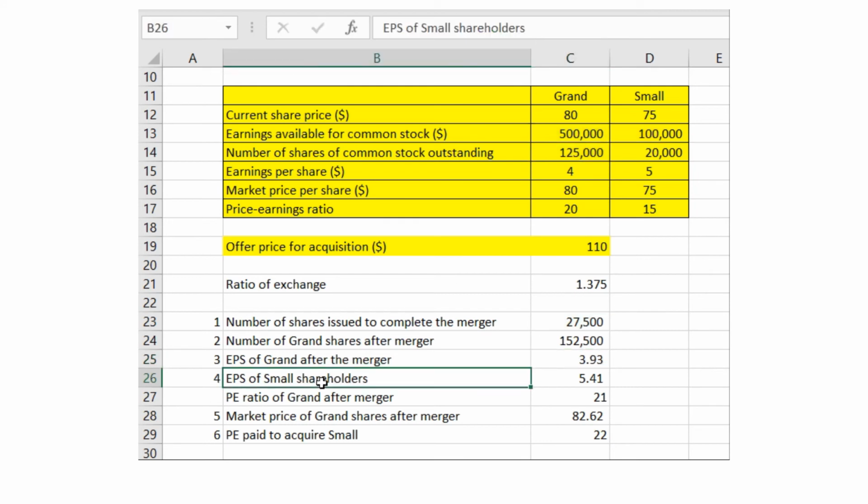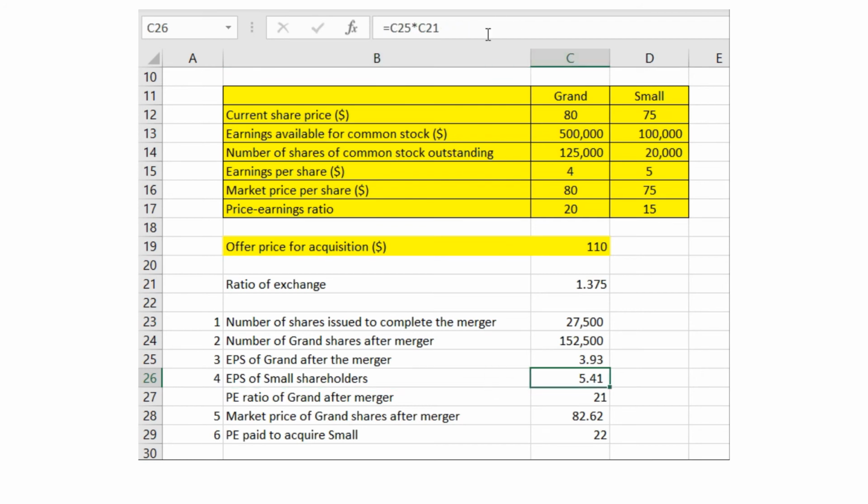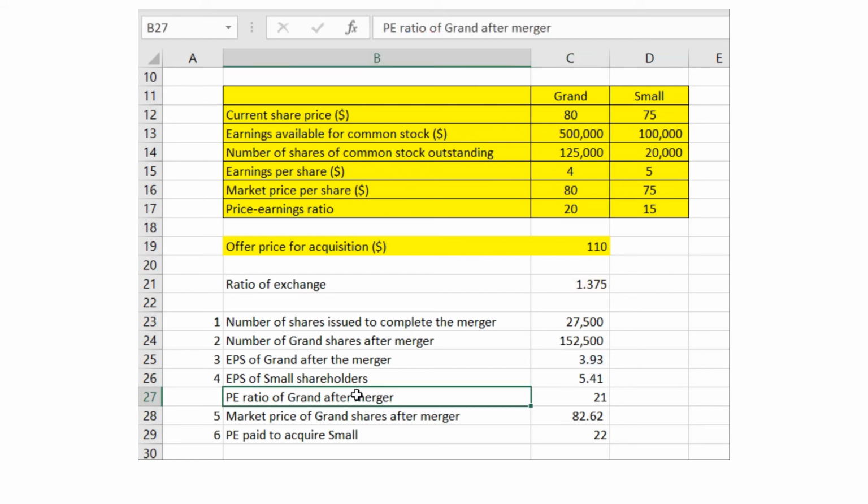Question 4. The earning per share of Small after the merger is the Grand earning per share multiplied by 1.375. This is because each existing Small share is converted into 1.375 Grand shares. The P/E ratio of Grand is expected to be 21 times after the merger.